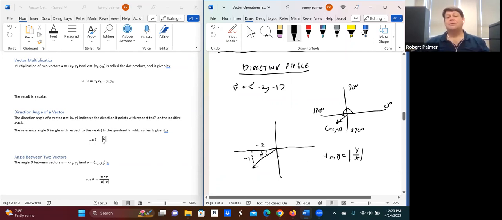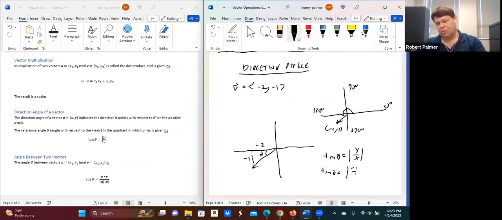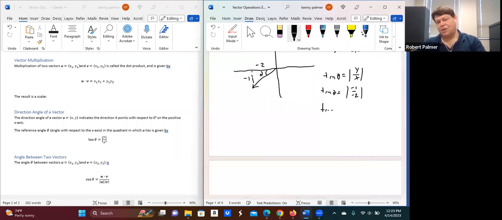Remember, a reference angle is always taken with respect to the x-axis. So tangent of theta is the absolute value of -1 over -2, which is +1/2.